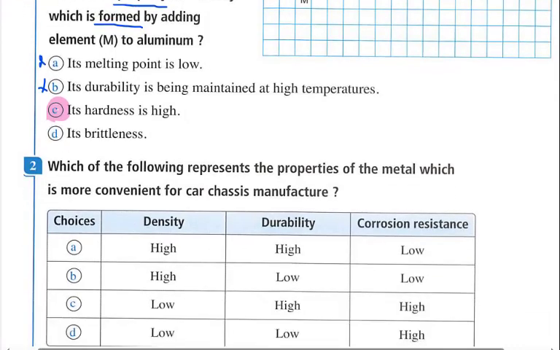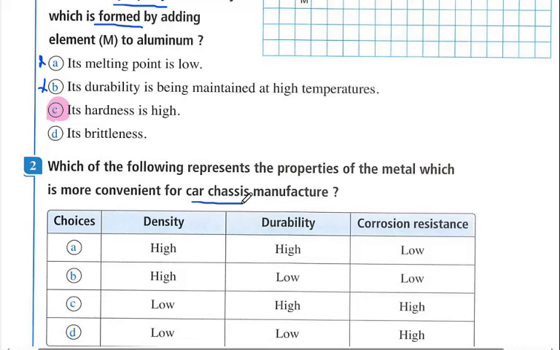Okay. The second question is, which of the following represents the properties of metal which is more convenient for the car chassis manufacture? So car chassis here is a property or the main usage of vanadium.